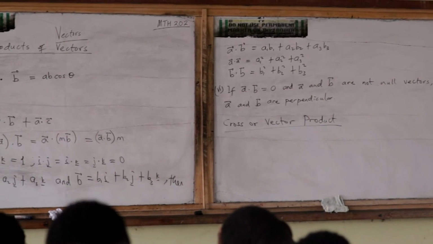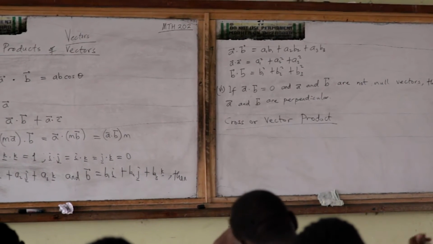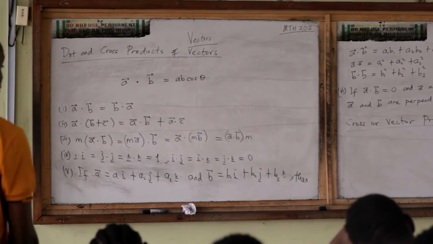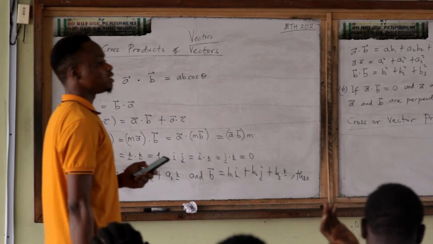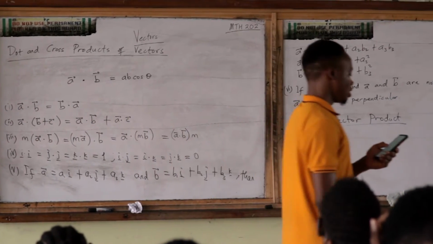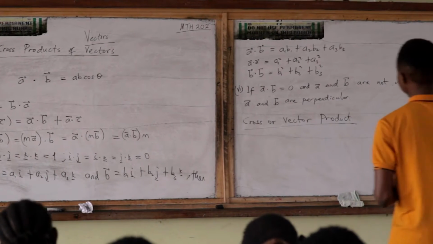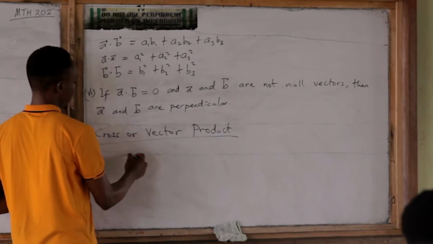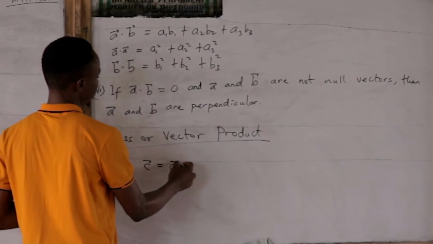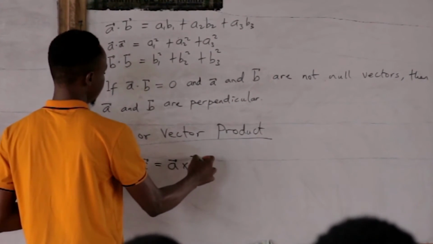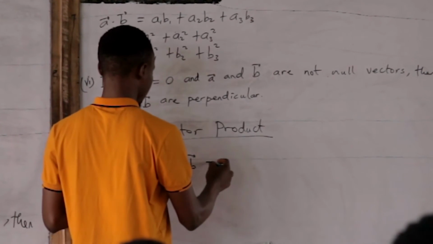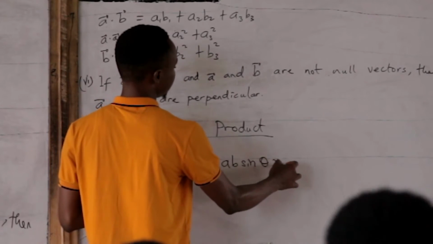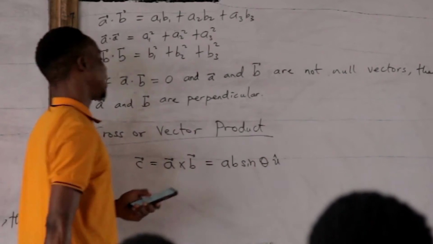The cross or vector product of vectors A and B is a vector C defined by C equal to A cross B, which is equal to AB sine theta u.